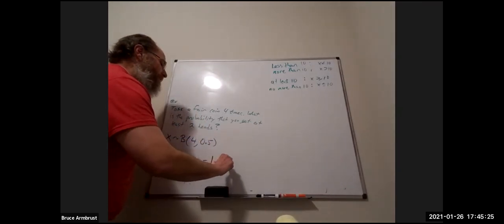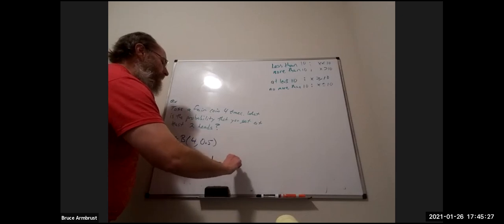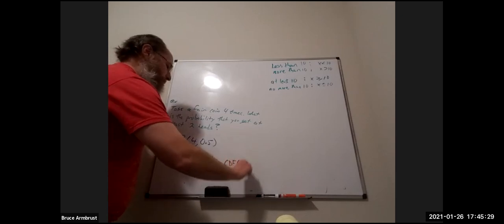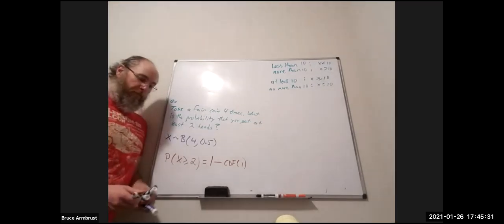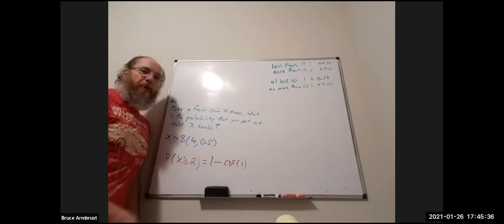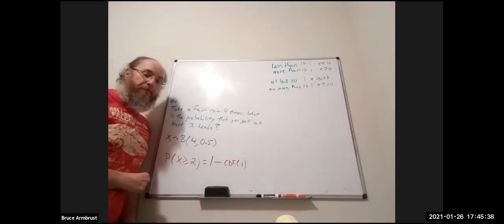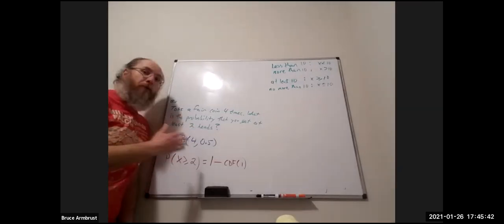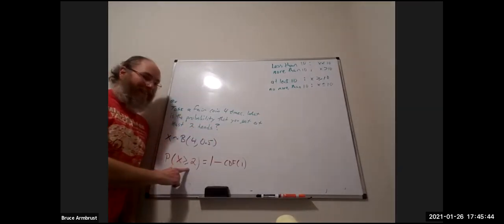So that's going to be a cumulative. So I'm going to do the CDF of 1. CDF of 1 means that's the probability of getting a 0 or a 1. But I'm going to remove those because I want the other one.